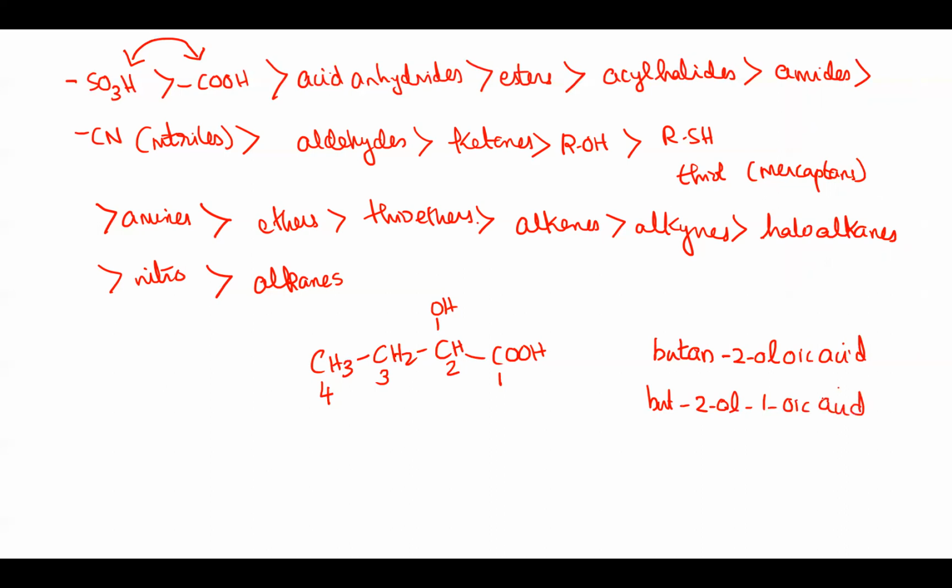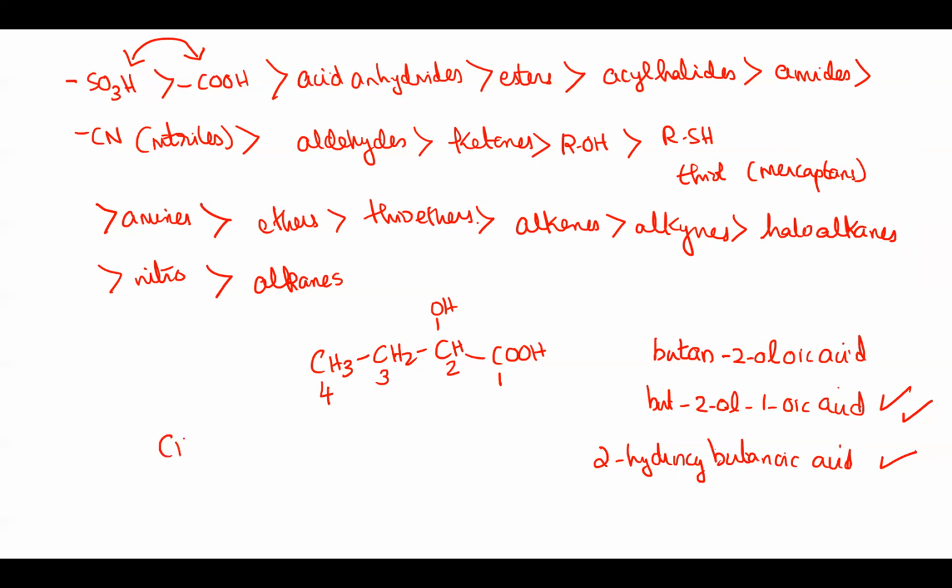Doesn't matter at all. Here's how we should name. Sometimes we write 2-hydroxybutanoic acid. It's also right, but the other is the more correct way of naming. If you want to know more, you may refer to your old textbooks. I'm just giving you some examples for refreshing.